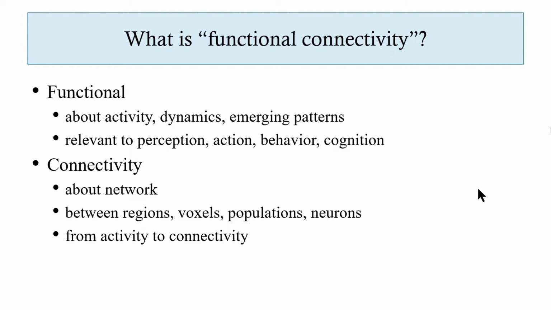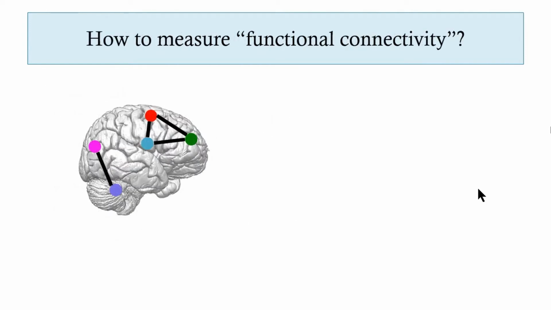By connectivity, our goal is to talk about the network in the brain, and that means the pattern of interaction between regions, between voxels, between populations, between neurons. And uniquely, it is using the activity to make inference about the connectivity. Let's say we have the brain, there are neurons, there are regions, there are voxels.